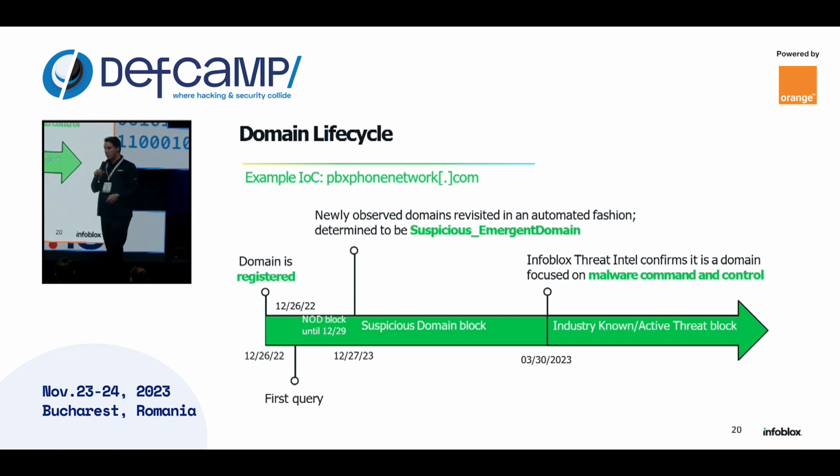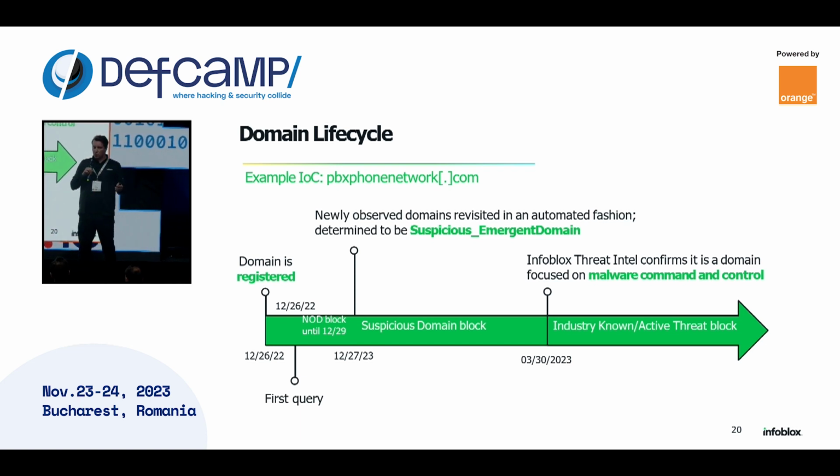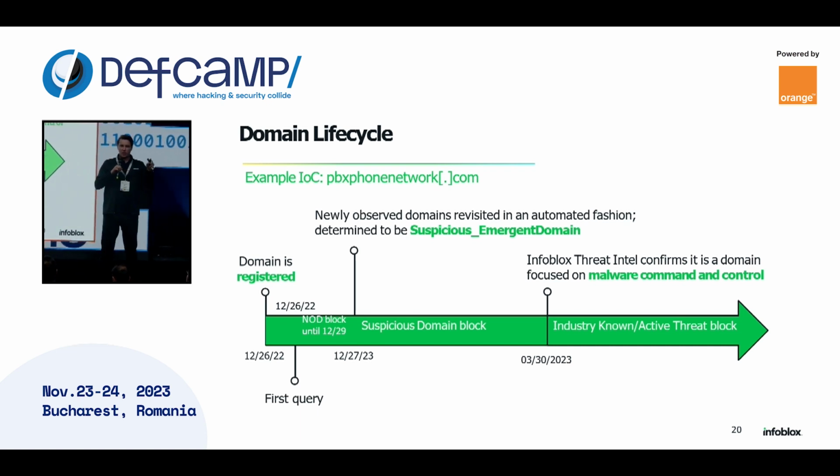The suspicion might be API bulk generation and registration of those domain names, or being hosted on a name server that is in the middle of nowhere, although looking like a big company, or seeing bulk registration used on an autonomous system number where we do know that attackers are sitting.